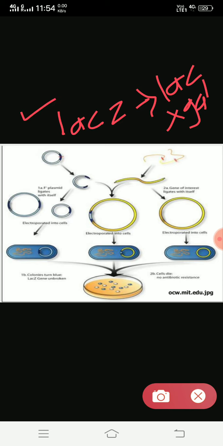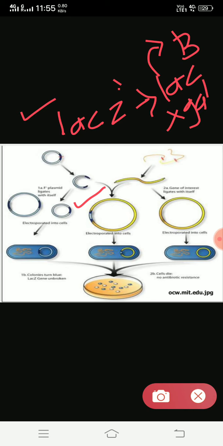If the lacZ gene is present, it can break down the X-gal and gives blue color colonies. In the recombinant DNA molecule, this lacZ dash gene is disturbed.